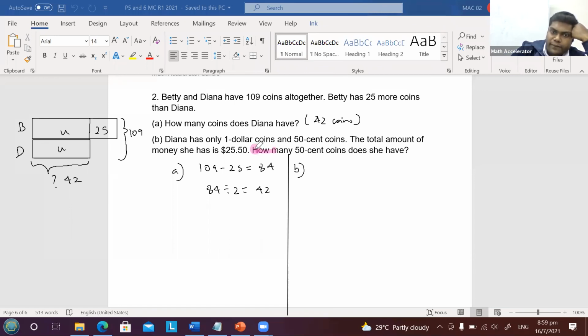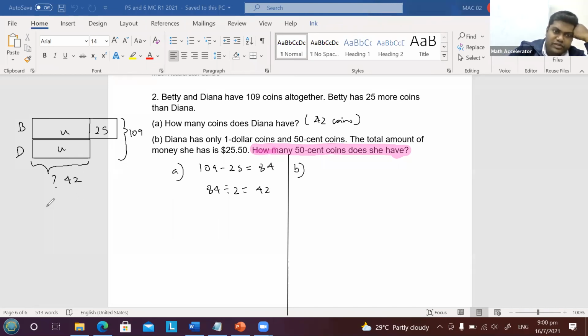Now the question asks for how many 50-cent coins does she have? If the question asks for 50-cent coins, remember, write this down, you always assume for the opposite.